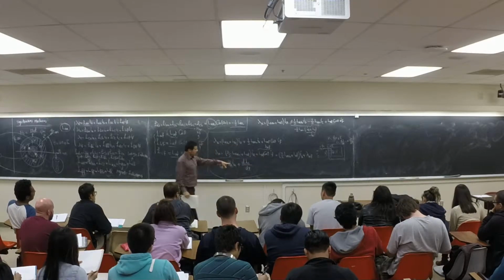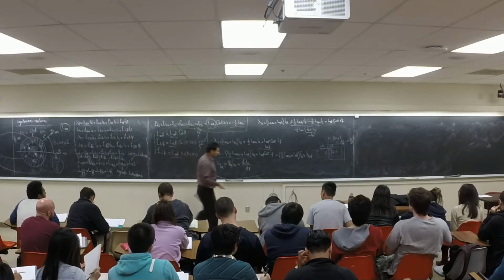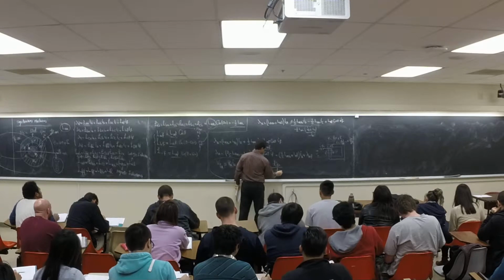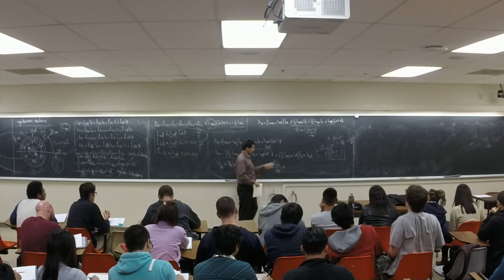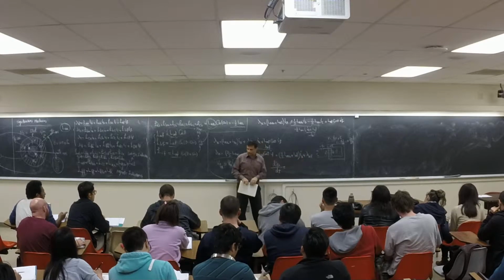Now let's calculate. I need to calculate what d lambda A over dt is, right? Let's calculate. D lambda A over dt is going to be this. This is a constant number, right? Times dIA over dt.